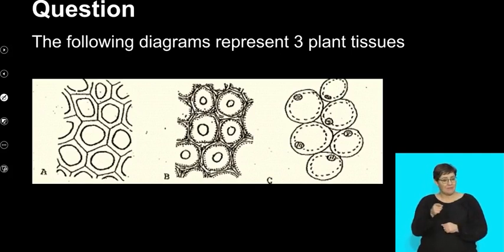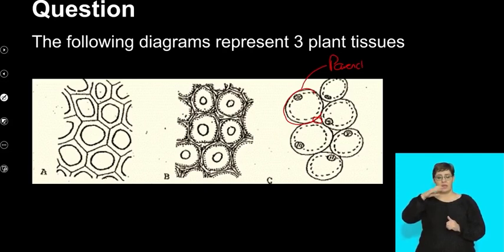Now, this is quite a confusing question because you have to try and see what you are looking for. There are three very similar diagrams, and you need to be able to differentiate what you can see. Have a look here. Thin walls, spaces. What would this be?